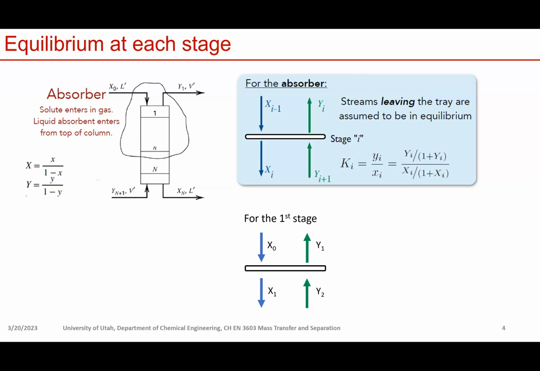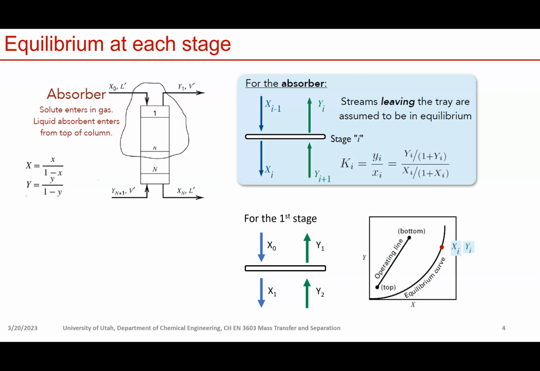So at the first stage, we have the liquid stream with composition X0 coming in, and a vapor stream with composition Y1 leaving.